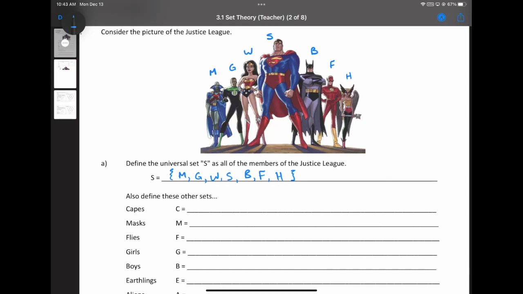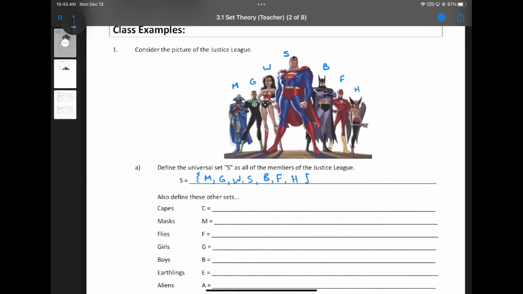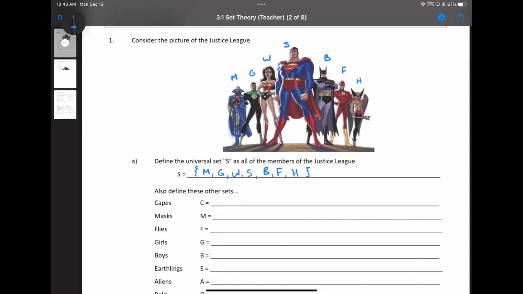So now I've defined a whole bunch of other sets based on certain properties that these characters have. Most of them I think are going to be fairly obvious, but possibly not all of them. So some of them may require a little bit of understanding of superhero-ness. Yeah, let's use that term. But if you're, again, not familiar with these superheroes, just bear with me and I will talk you through it.